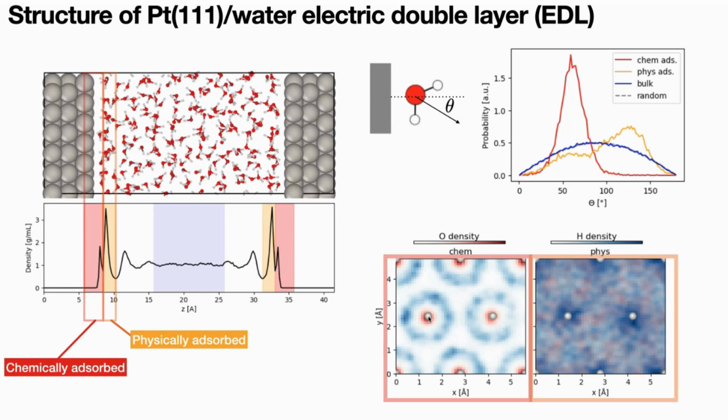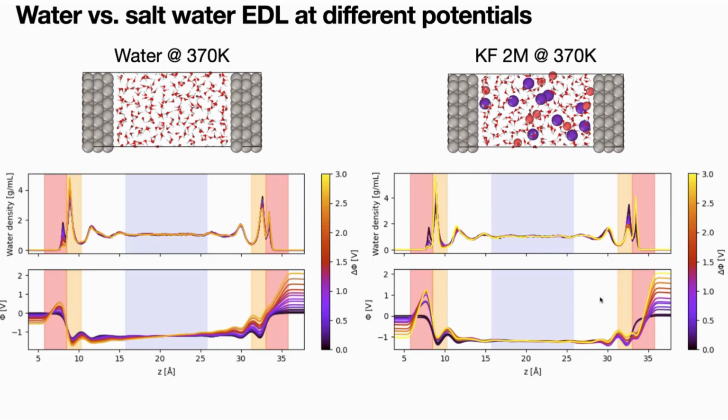It's bonded to the platinum, and then we have hydrogen atoms. The chemisorbed water is lying flat on the surface, so the hydrogen forms a ring-like structure around the oxygen. Such density ordering almost disappears in the physically absorbed layer.